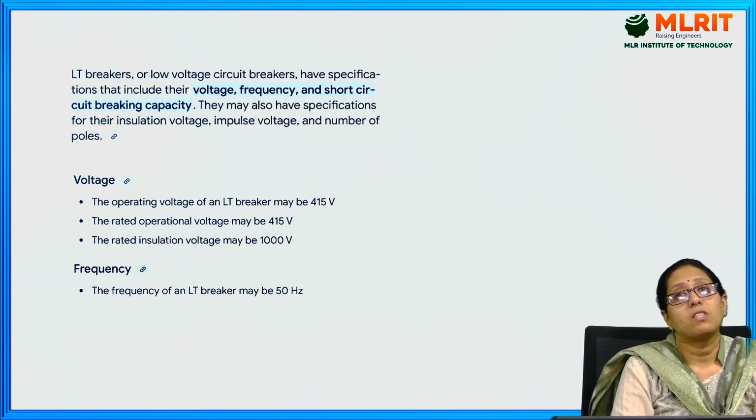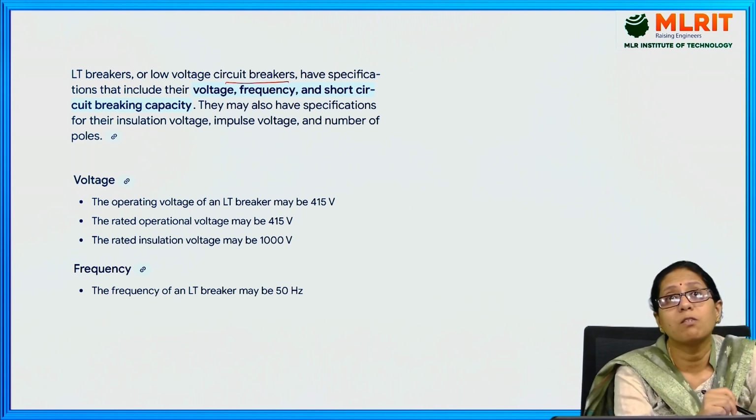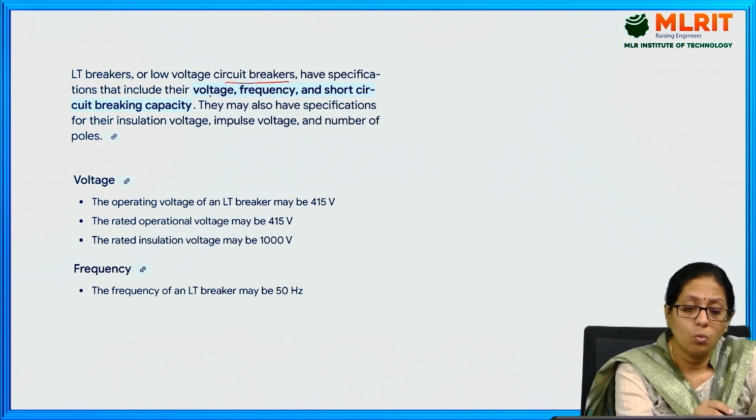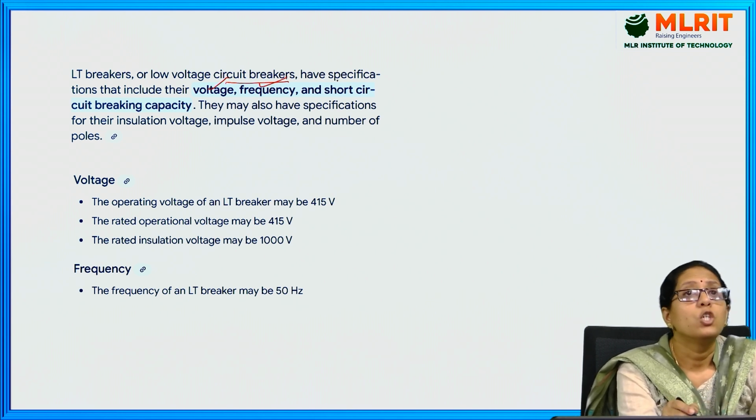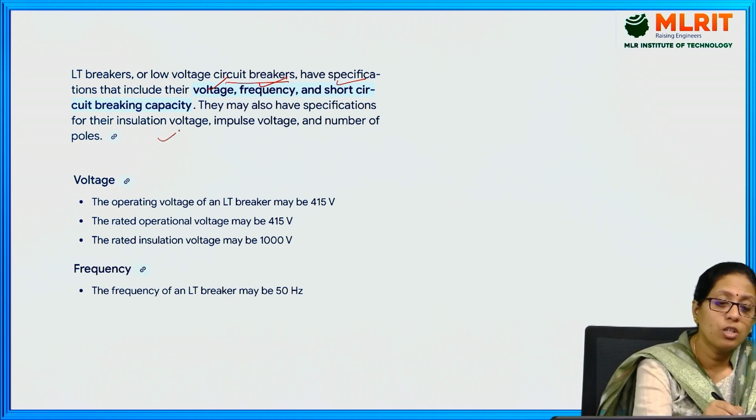LT breaker specifications. What are the LT breaker specifications? LT low voltage circuit breakers have specifications that include the voltage, frequency, short circuit breaking capacity, and they may also have specifications of insulation voltage.